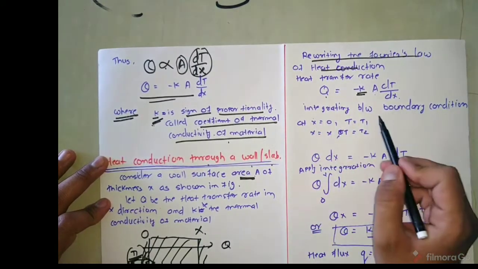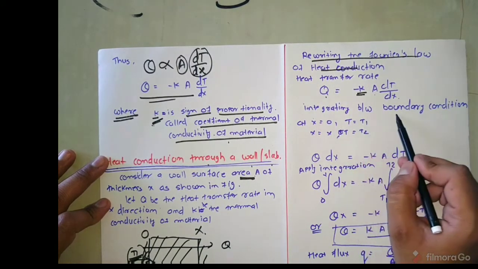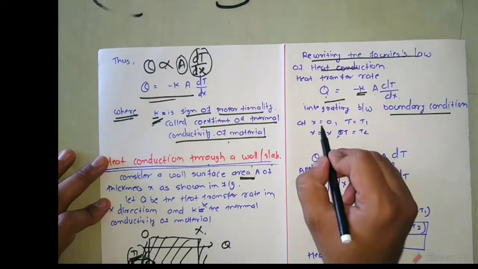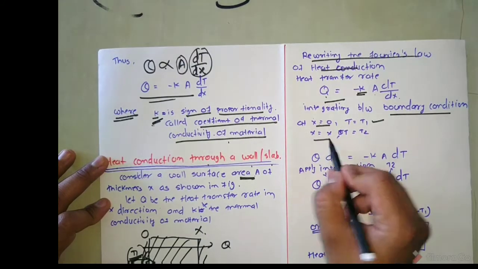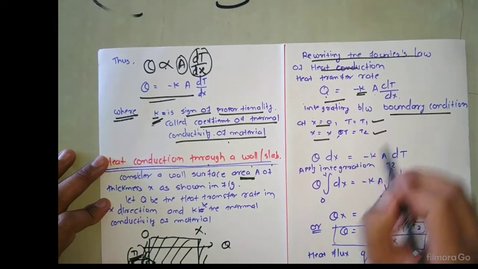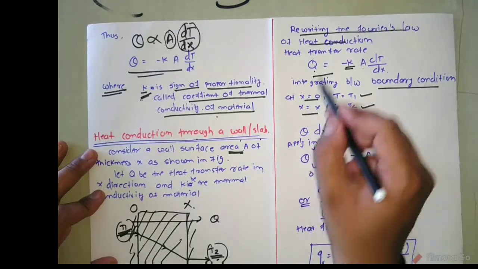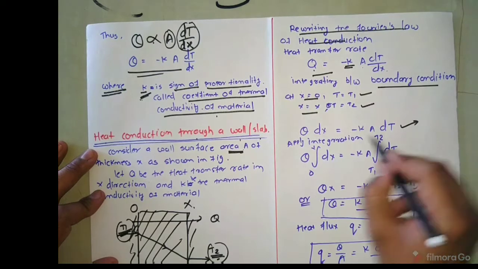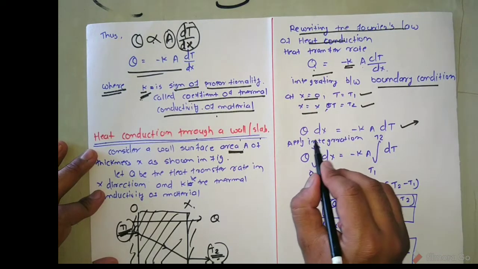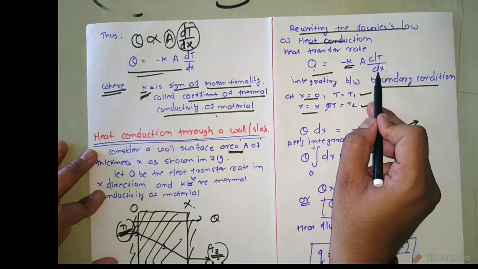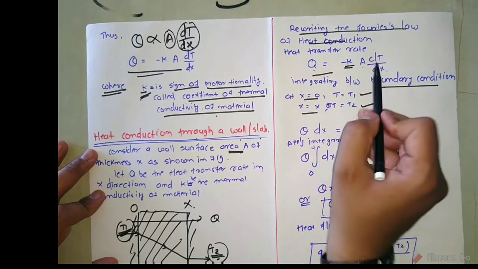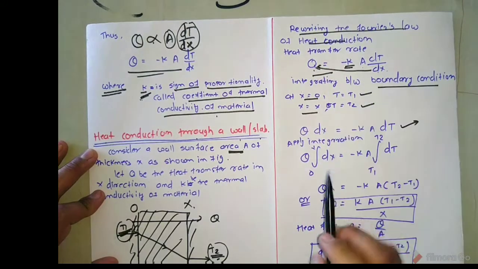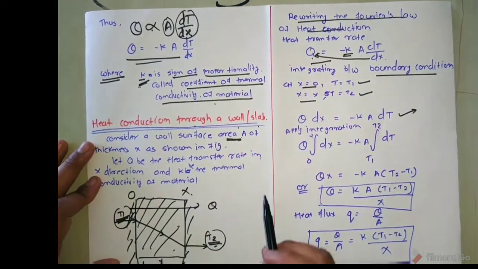When we integrate this equation with the boundary conditions, at x equal to 0 the temperature is T1, at x equal to x the temperature is T2, we rearrange the equation: we take dx on one side and the other terms remain constant.